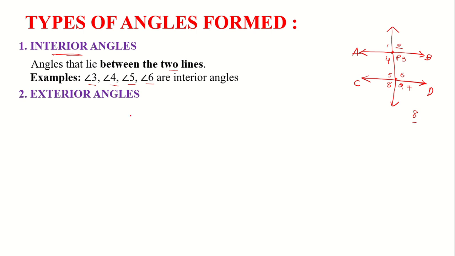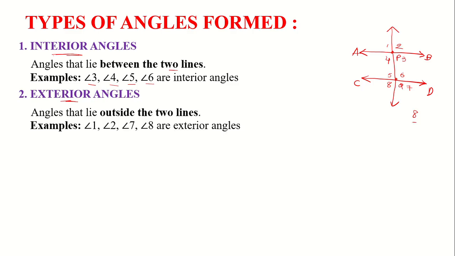Right. Next, this is another type of angle, which is exterior angle. Let's see the definition of exterior angle. So what is an exterior angle? Exterior angle is a type of angle that lies outside of the two lines. Okay.